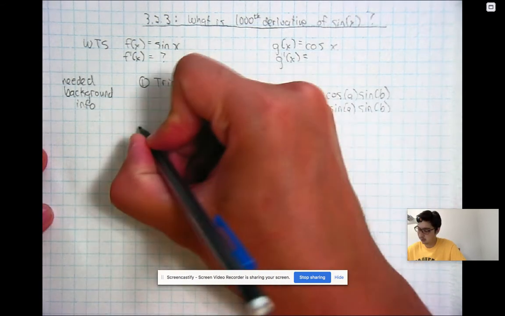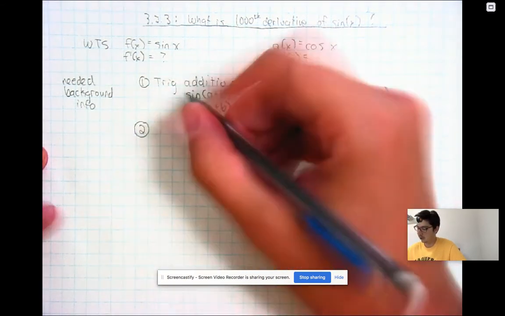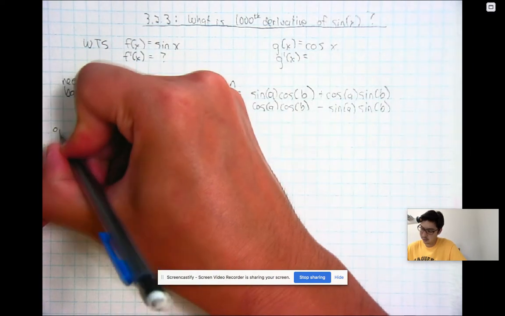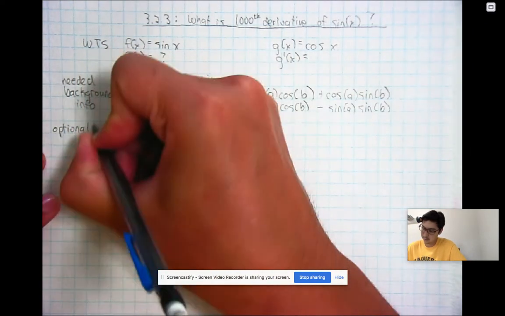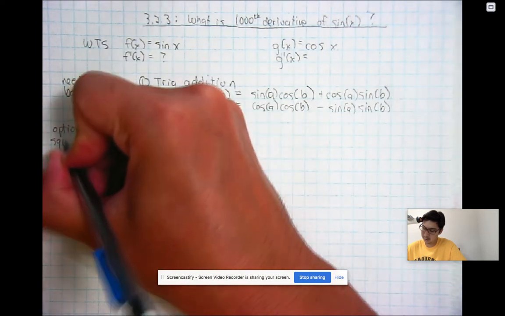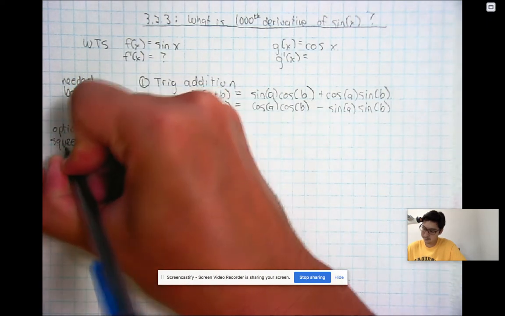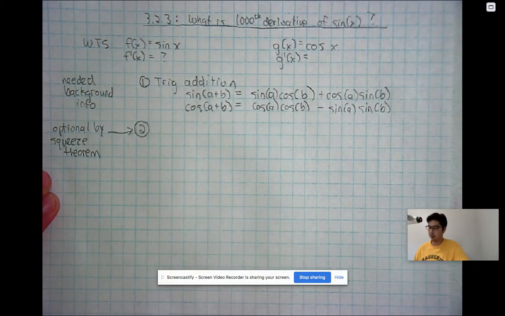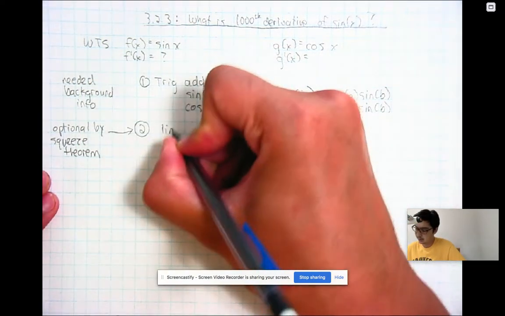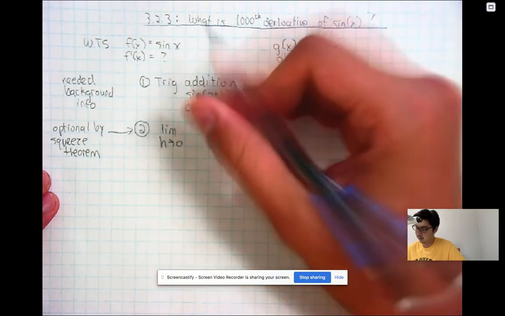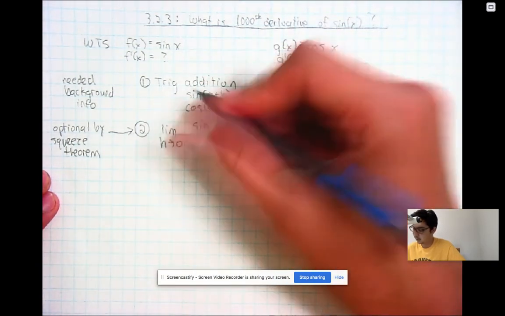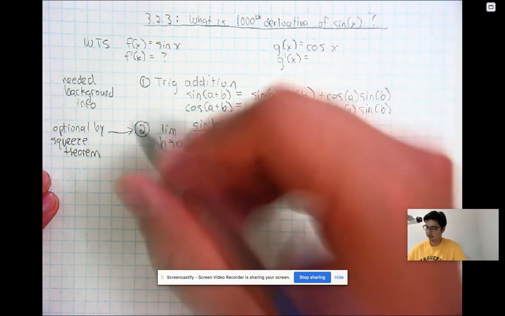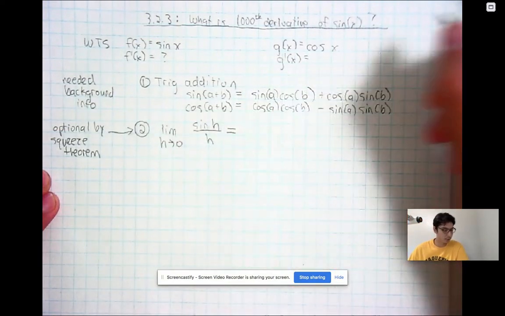Then what you'll also need to know, which is optional, comes from something called the squeeze theorem. Look this up if you want to know where this comes from, but the limit as h approaches 0 of sine of h over h is equal to 1.